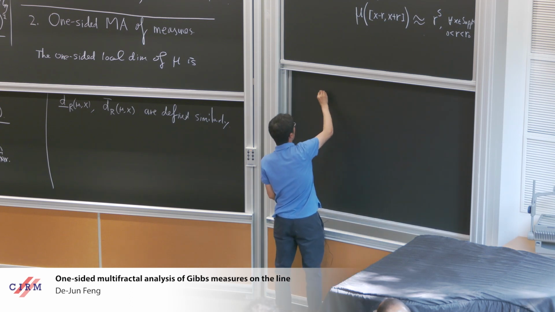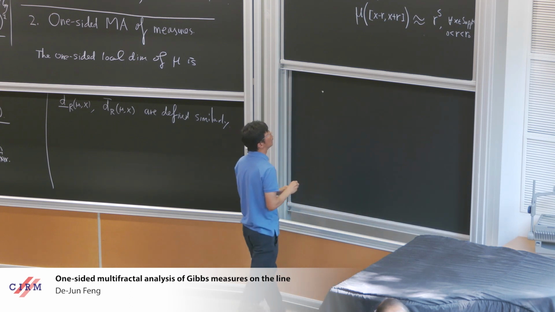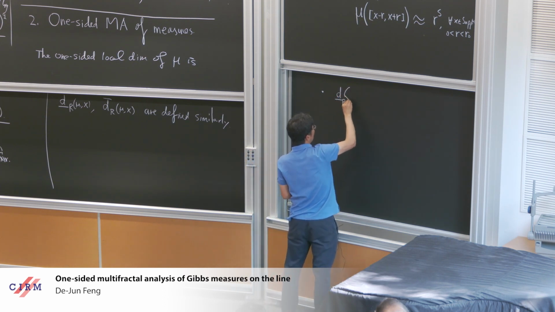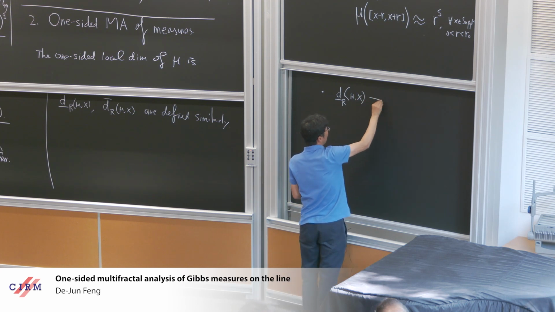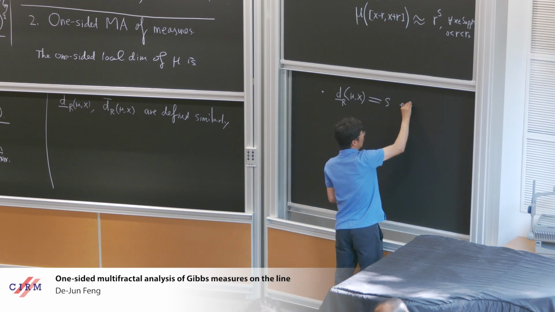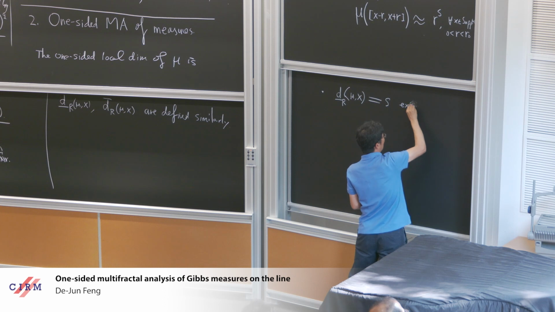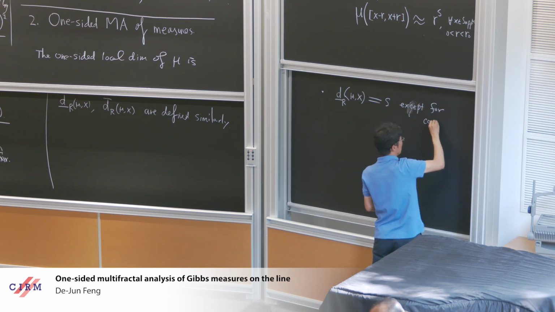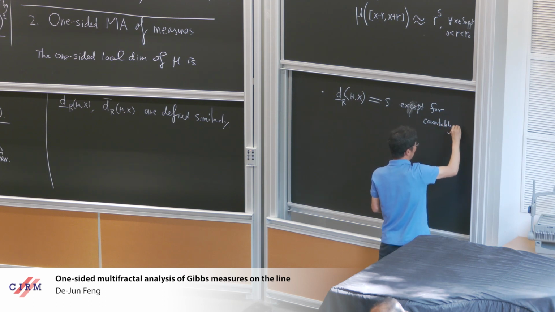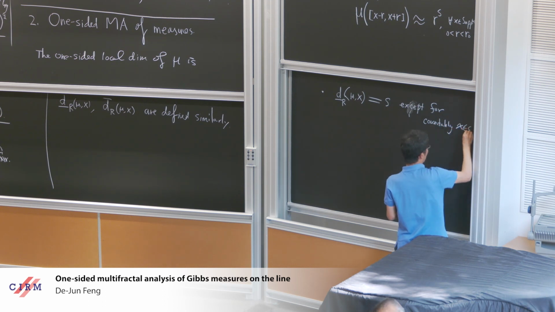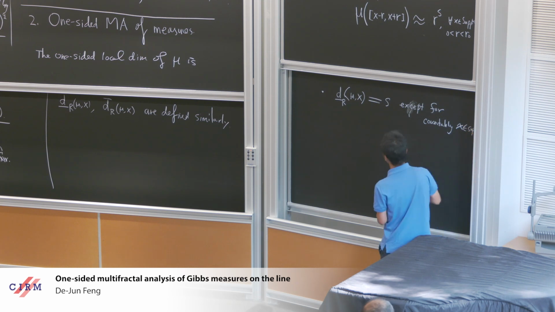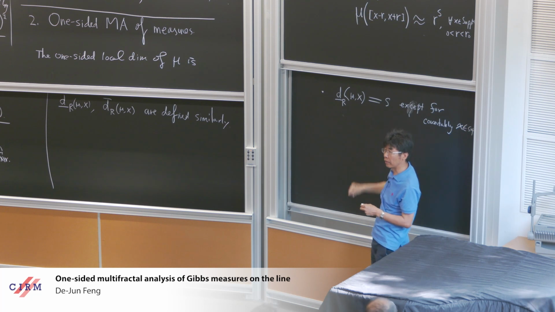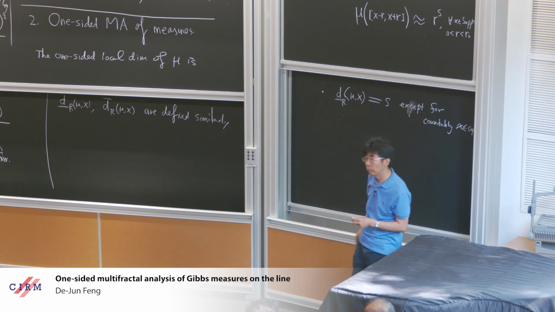He proved that first, for the lower local dimension of mu, except for countably many points in the support of mu, the lower local dimension is still the same as the local dimension, no problem.